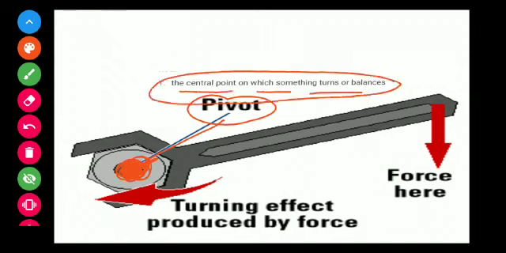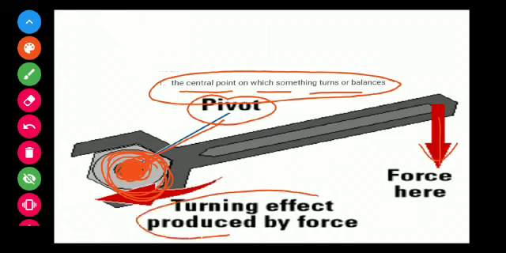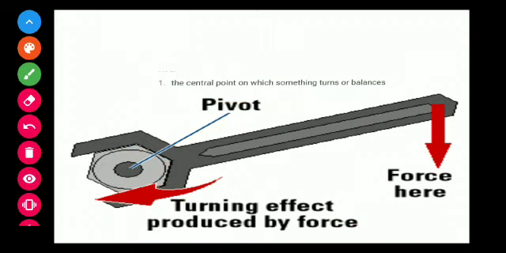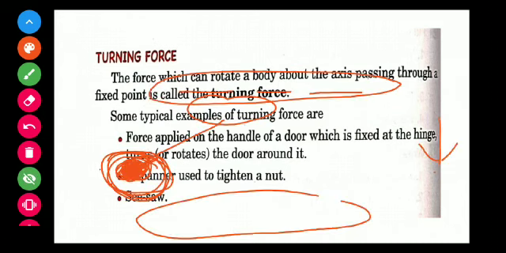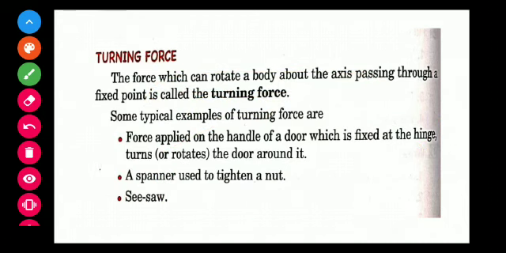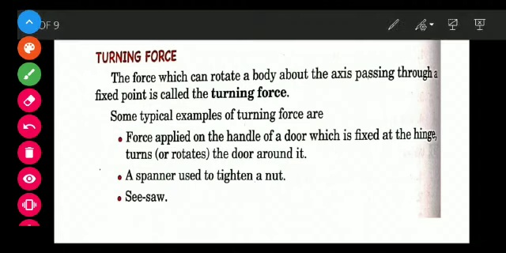This is your pivot, because at this point the nut turns, and the nut turns due to application of this force. Therefore, after applying a force, the turning effect is there, and this force produces the turning effect, and such forces are known as turning force. Now it is clear what your turning force is: when we apply the force and a turn is there.